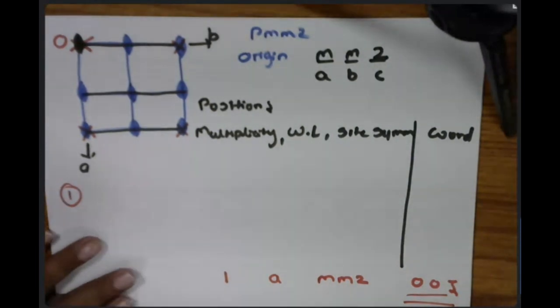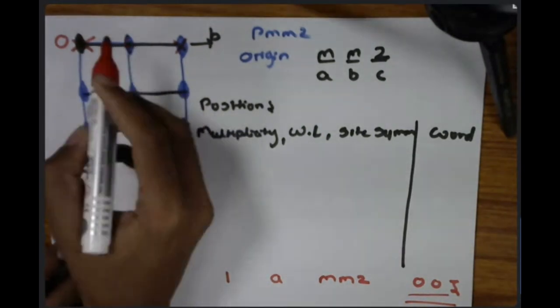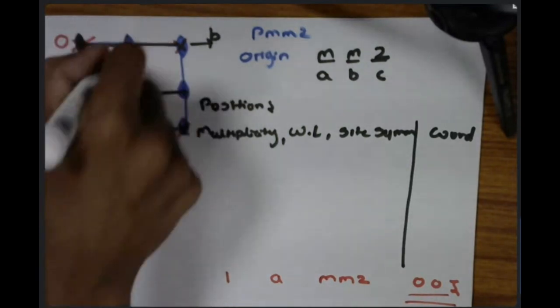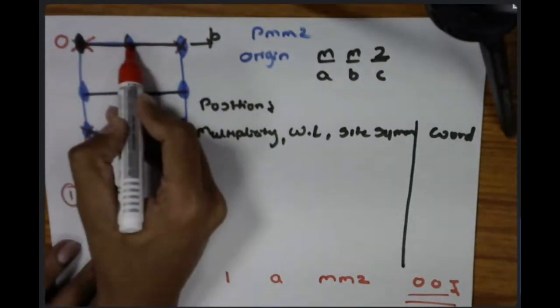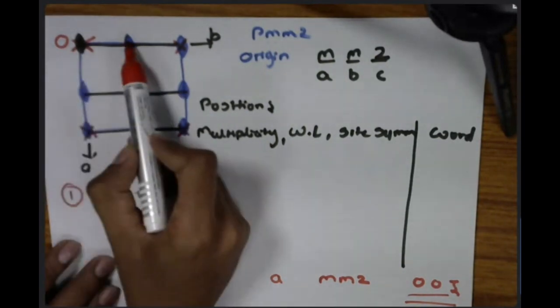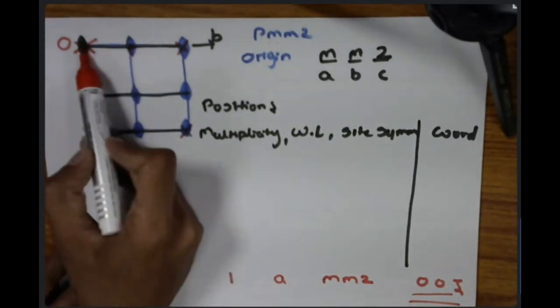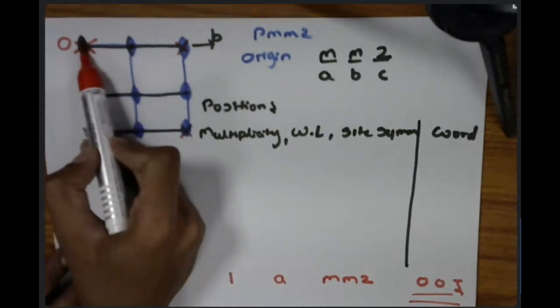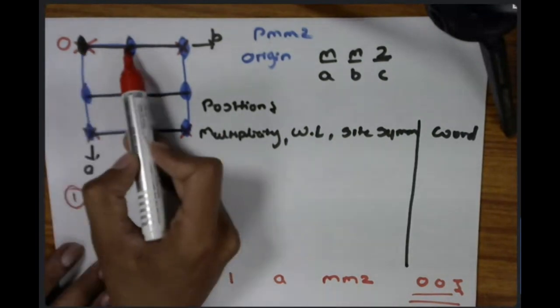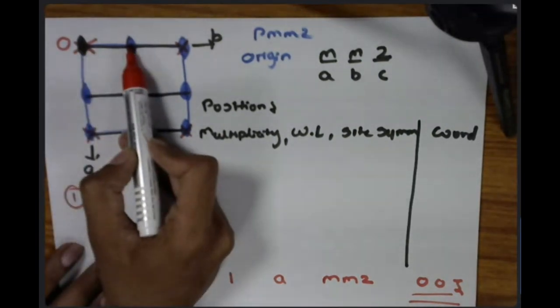Now, there are a few more things. If I place my point over here, what symmetry is this particular site having? This is also a special site because there is a twofold and a mirror along here and along here also. So this is exactly the same as this particular point from the point of view of the symmetry. Okay.